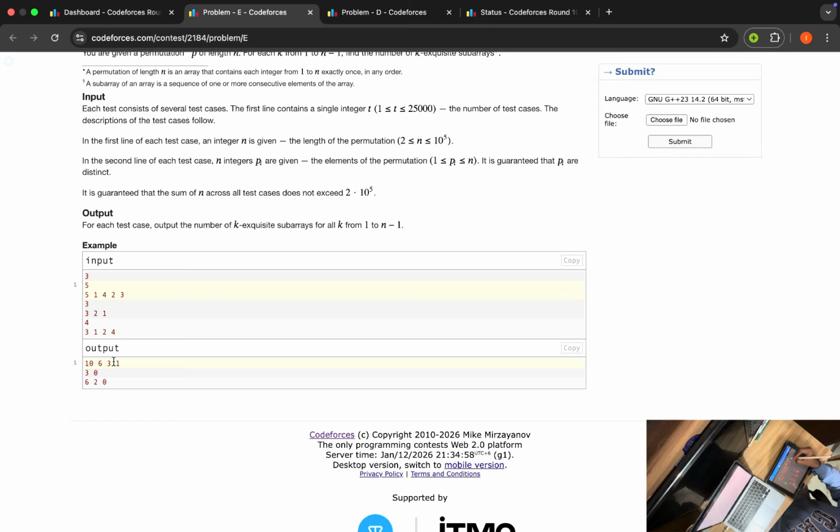Yeah, okay, okay, that's not the way. For size 2, 3, 2, 1.